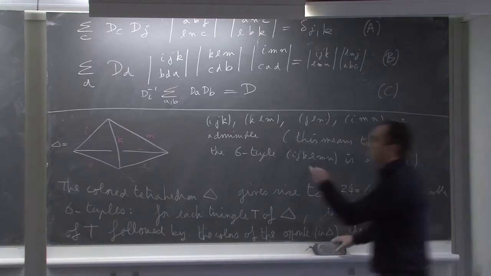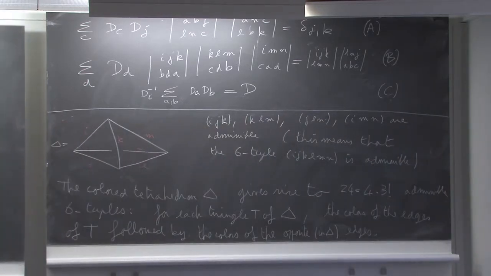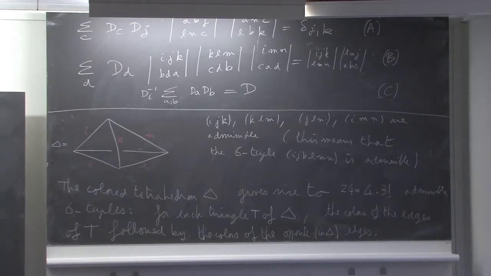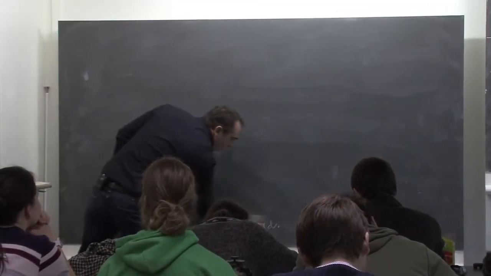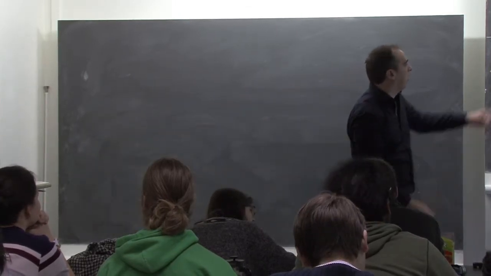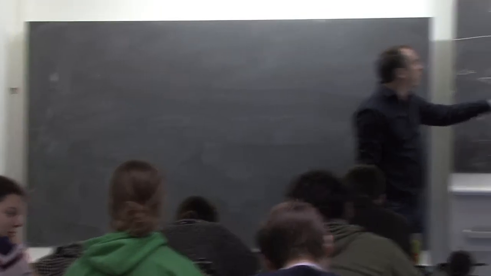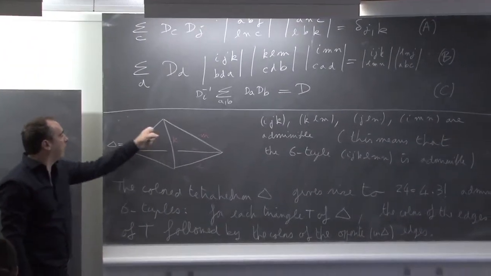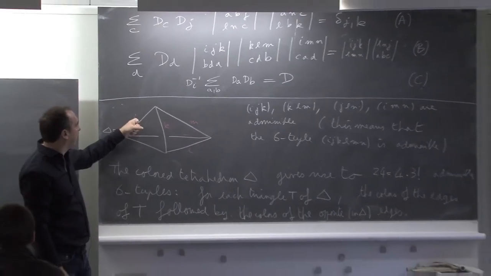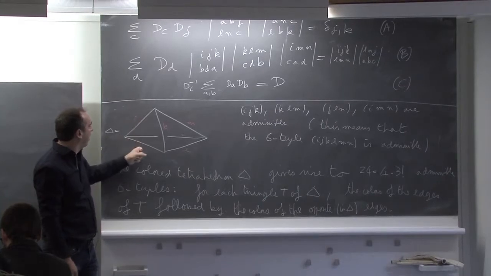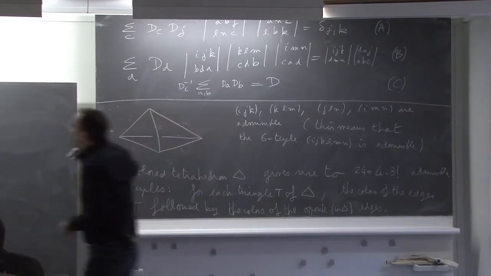Okay, so let's see an example. Now, if I take, for example, this triangle, first triangle, IGK, I revise.